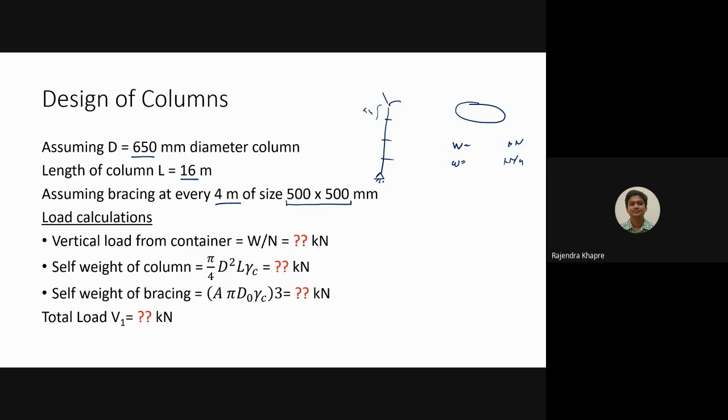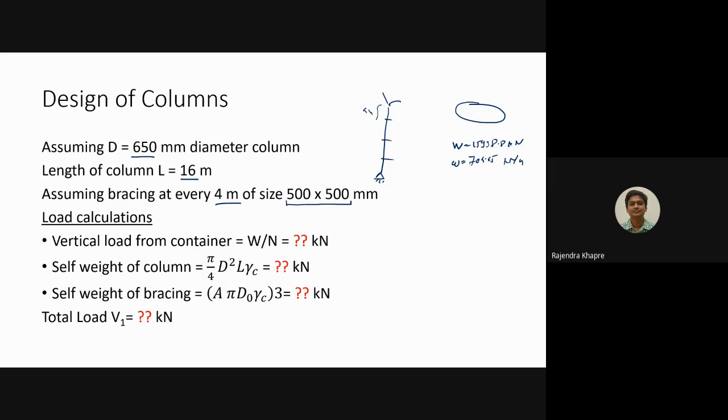If you refer to your earlier notes, you will find the small w value was 704.65. This was per meter, but if you calculate the total load, it was coming out to be 15,938.8 kilonewton.